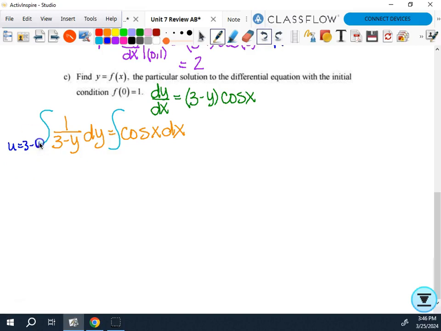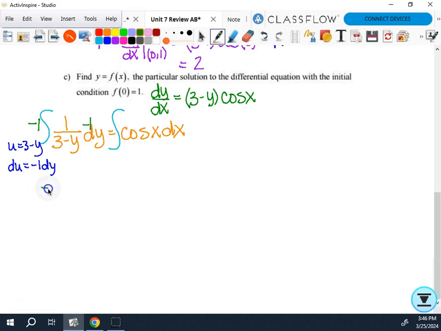Then du is equal to, when I take the derivative of this, negative 1 dy. Okay, so when I go to put all this in here, I need a negative dy, which means I need a negative 1 on the outside, so I put the 1 there so I don't get confused with what's happening.